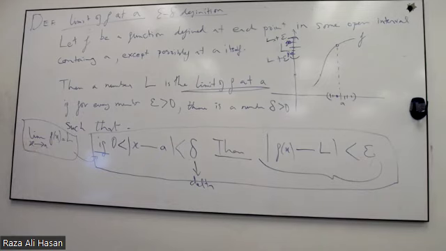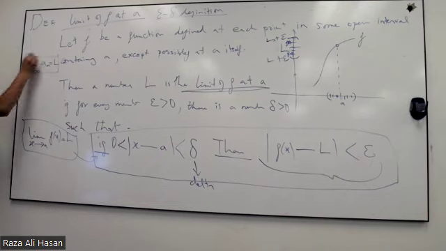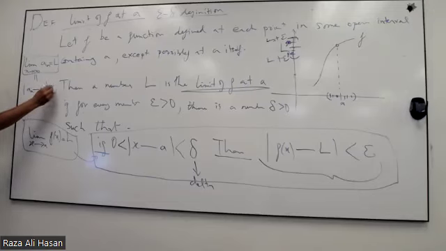Remember, like in sequences, what did we do? We said, that's how I did it last semester. n goes to infinity, a_n goes to L, was the same as when n is greater than uppercase N, |a_n minus L| is less than epsilon.